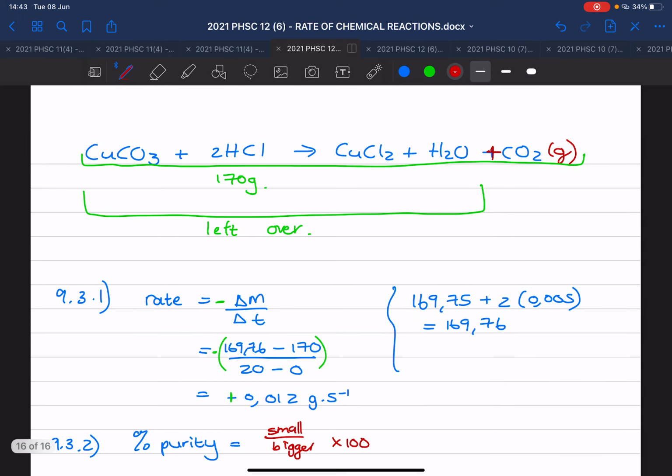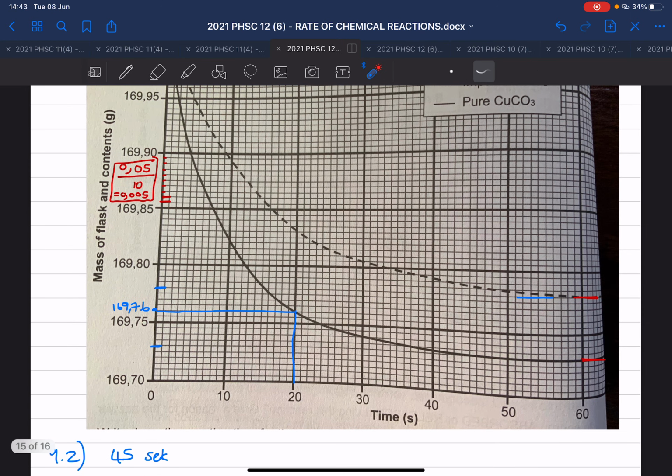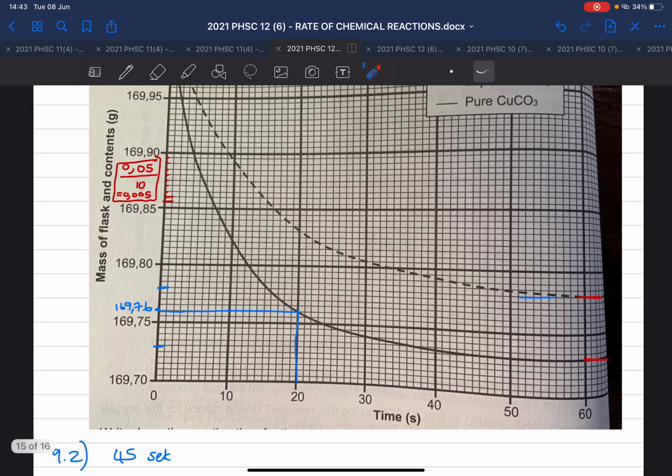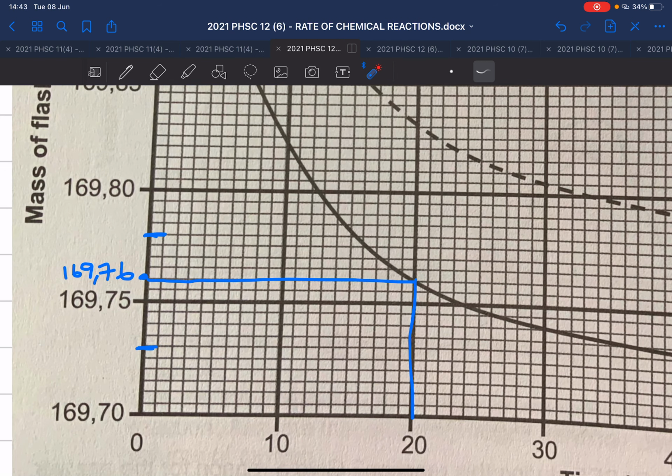So if you look at the graph, what we want to get is, for the pure one, how much was left over, and for the impure one, how much is left over. Because then we know the difference between them is obviously the impurities. Okay, so we want to get that value there and that value there. So we're going to count. We're going to say, okay, from 169.7, how many lines did we go up from there?